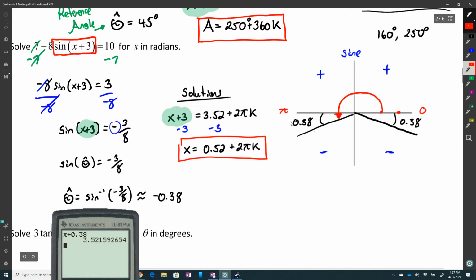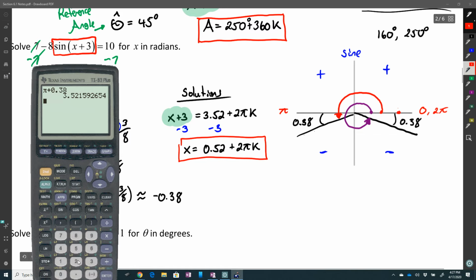All right, and then we go to the next one, which is this angle. Oh, sorry. Start at 0, not start at the angle. And to get this angle, notice that this is 0, or if we do a full rotation, this becomes 2 pi. So this is a full 2 pi minus 0.38.